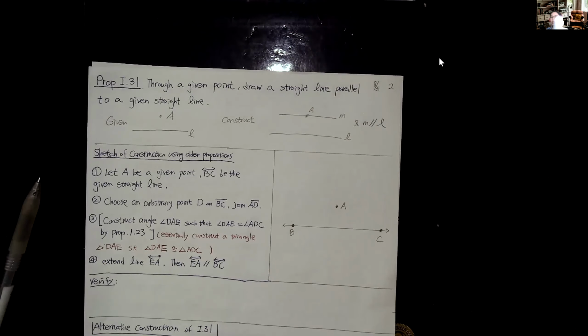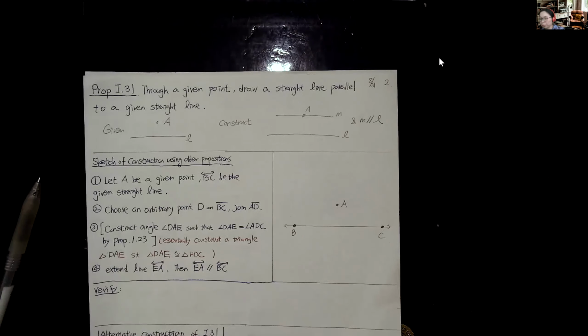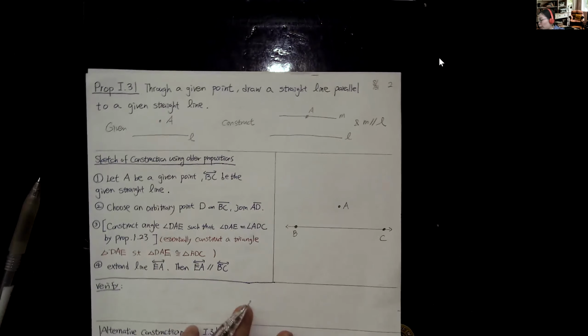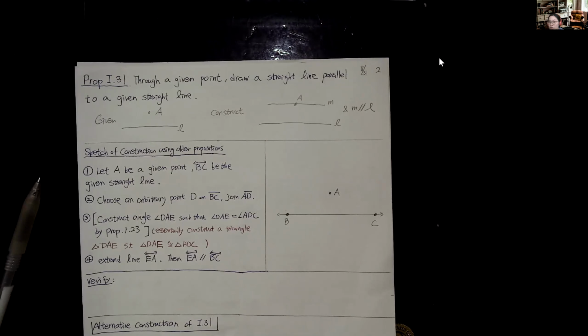You can see my style now, I like to draw this kind of illustration picture to memorize what we have done here. So I want to construct a parallel line passing through a given point.